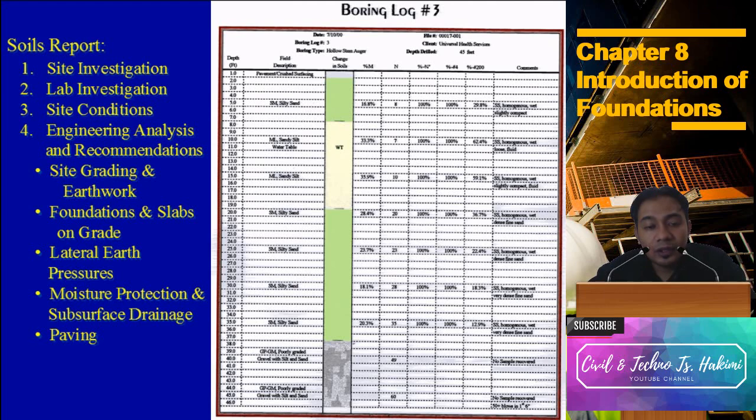So we need to refer to the logbook reports. Usually the logbook reports consist of first site investigation, second lab investigation, third site conditions, and then engineering analysis and recommendation, site grading and earthworks, footings and slab on grade, and then lateral pressure, moisture protection and subsurface drainage, and then paving.